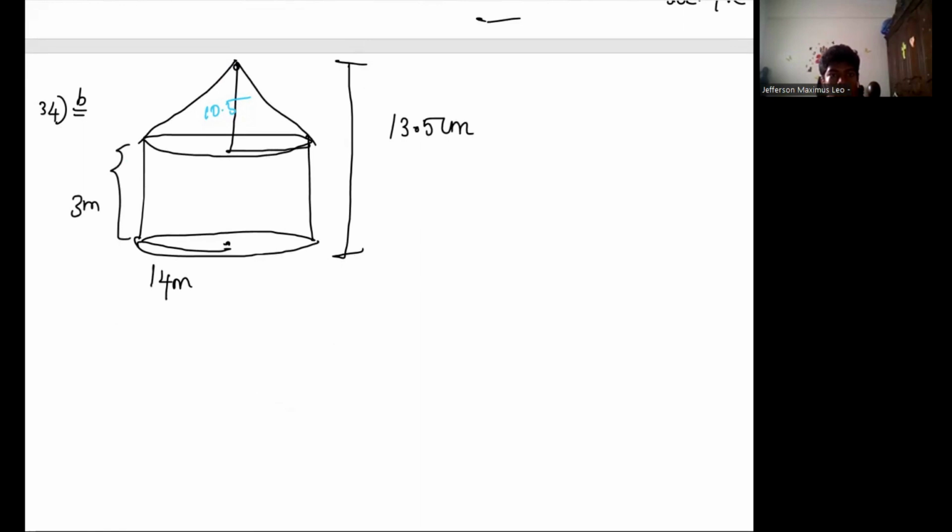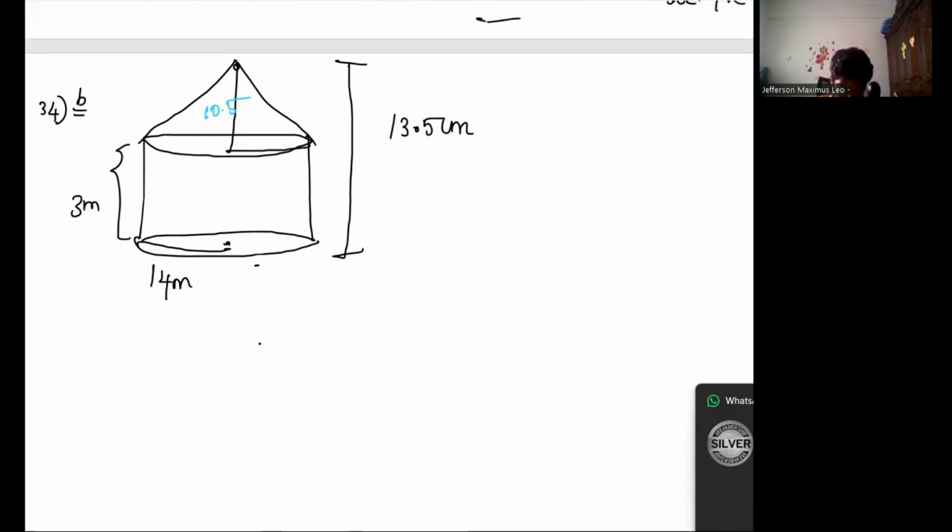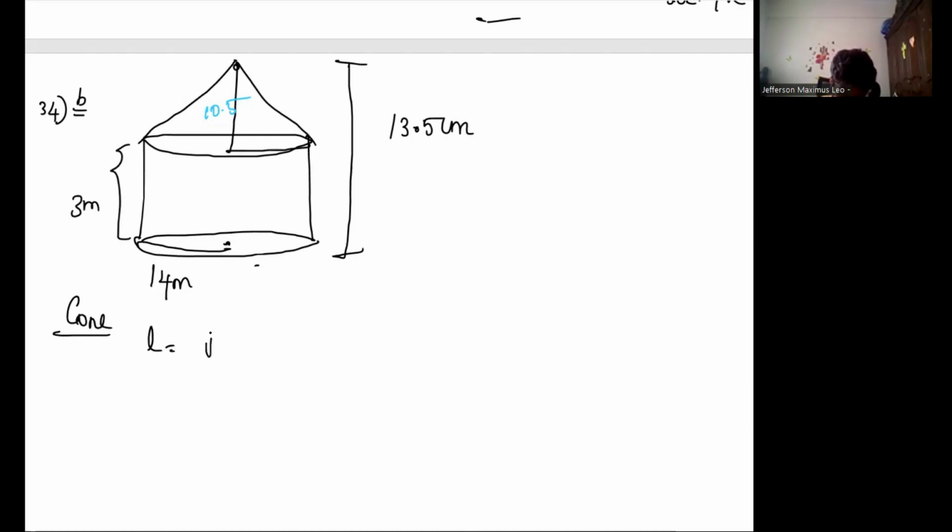Slant height is not given, la? So for a cone, L is equal to root of h square plus r square.